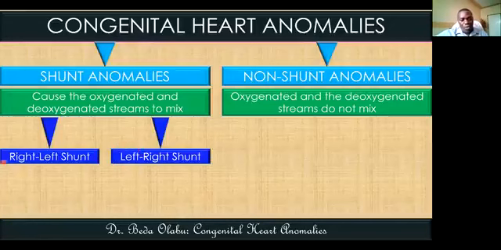Therefore, when you have a right to left shunt, it means that deoxygenated blood goes to the oxygenated blood. And when you have a left to right shunt, it means that oxygenated blood is going to the deoxygenated stream.